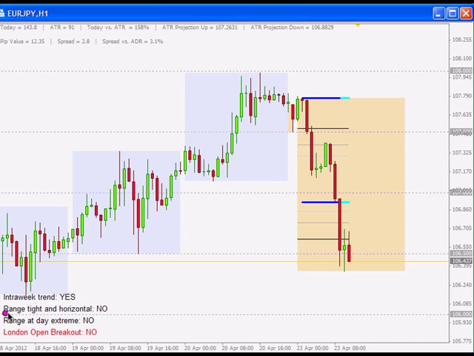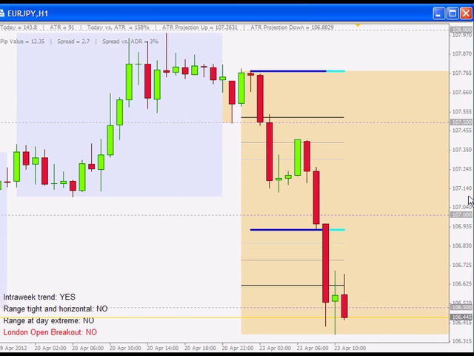Okay, anyway, is the Tokyo range, last night's Tokyo range, tight and horizontal? Well, the indicator marks the Tokyo range with two horizontal blue lines. Let me actually zoom in a little bit more. There it is.